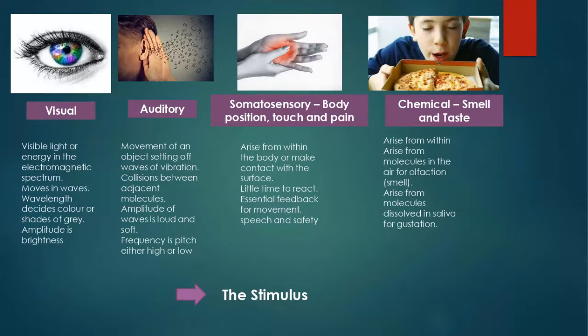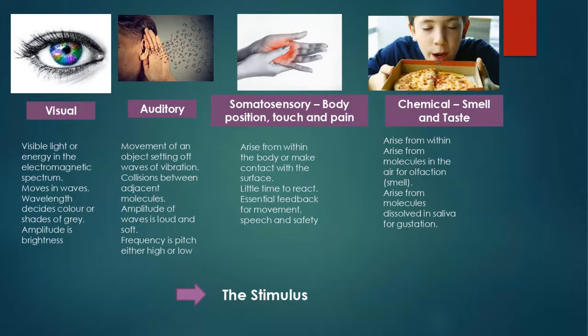So we've got vision, which is light; auditory, which is sound waves; somatosensory, which is basically touch and our body position in space. And the chemical senses, which are smell and taste. The sense of smell comes from molecules in the air, which is olfaction. Those molecules enter our nose or nasal passages. Our sense of taste comes from molecules dissolved in saliva, and it's called gustation.